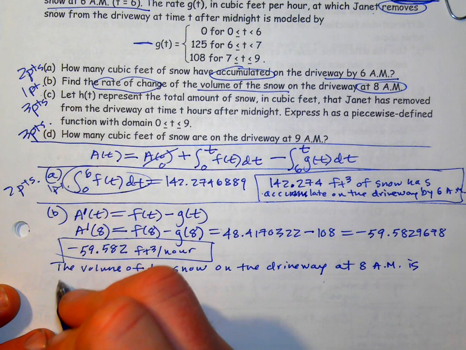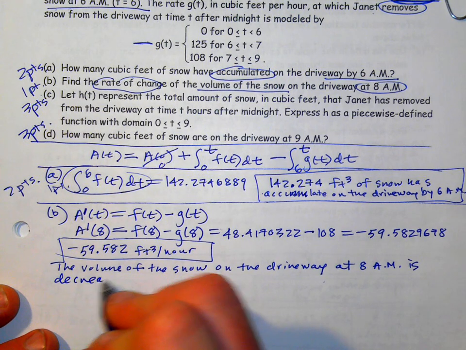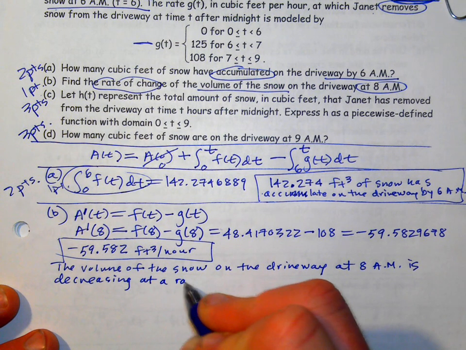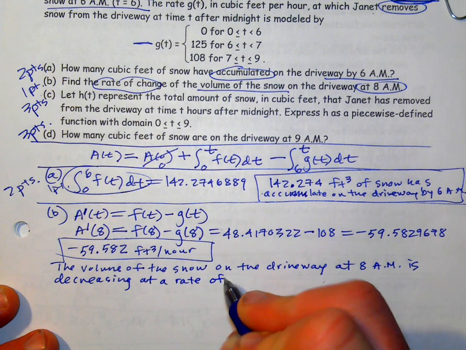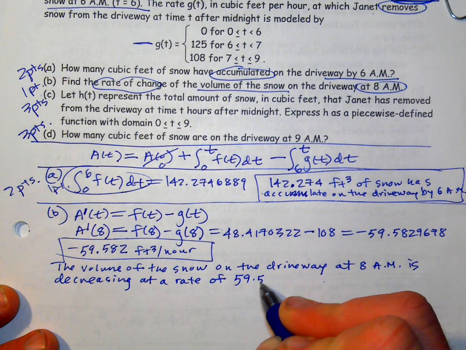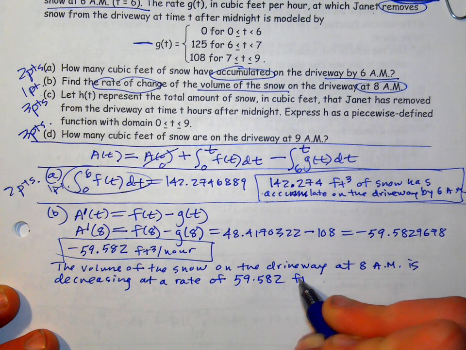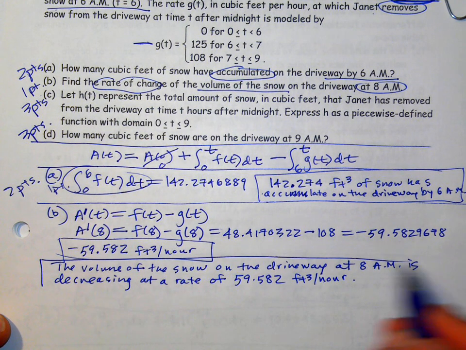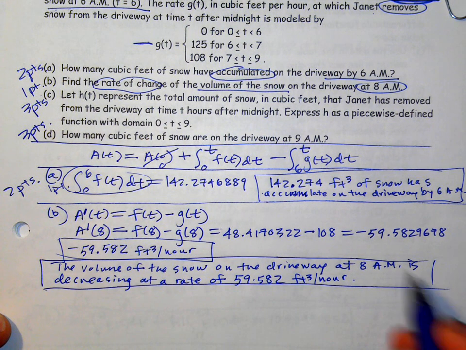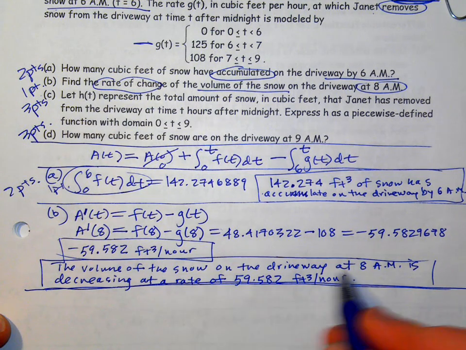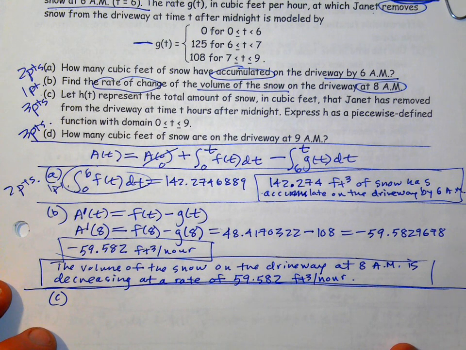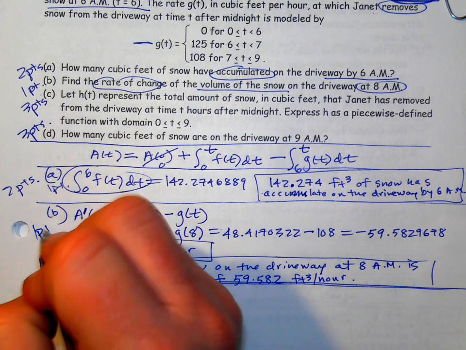It is decreasing at a rate of, and then don't put the negative, 59.582 cubic feet per hour. So that's a good description of the answer in the context of the problem with the correct units, mentioning the time, which is typical. I would say it's usually more typical that they'd ask you to do that. I don't think they asked you to this time. It was worth 1 point for the answer.